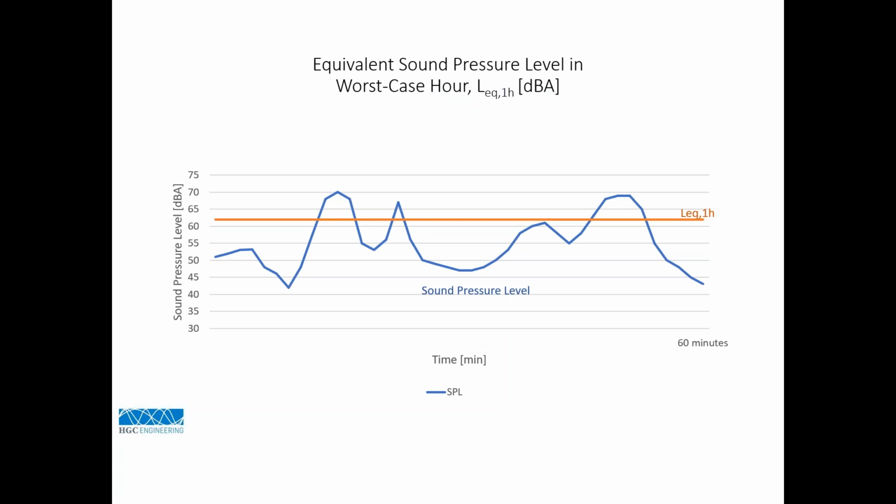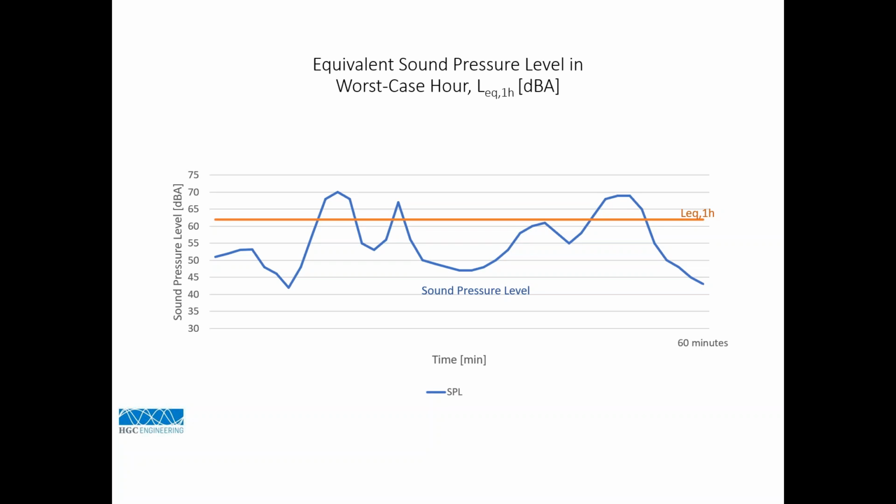Before we get to that, let me just give a brief explanation of what it is that we're actually doing here, and what it is that the noise consultants are measuring. So I just included this graph that is showing the concept of what we call the equivalent sound pressure level.